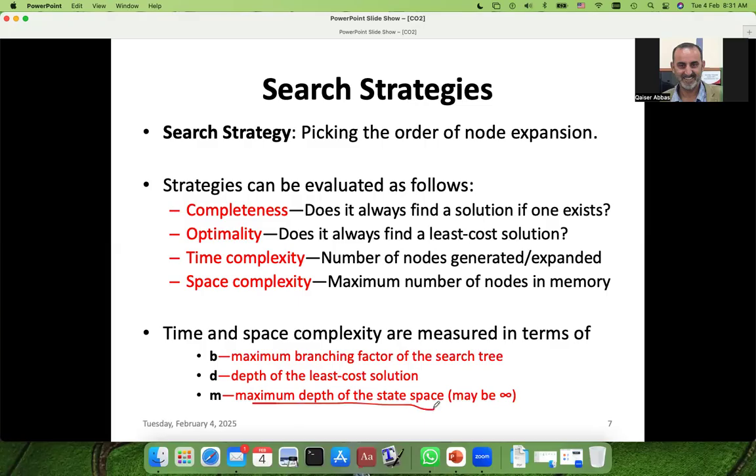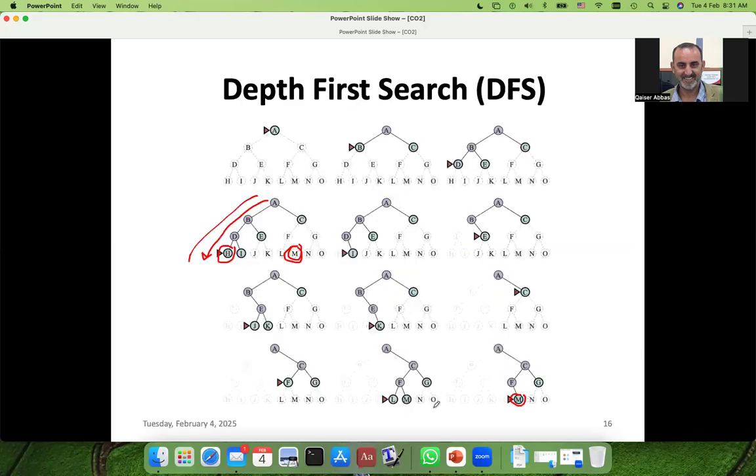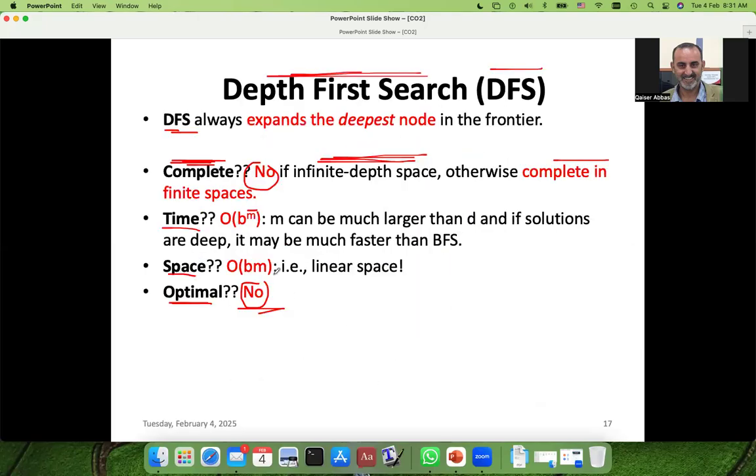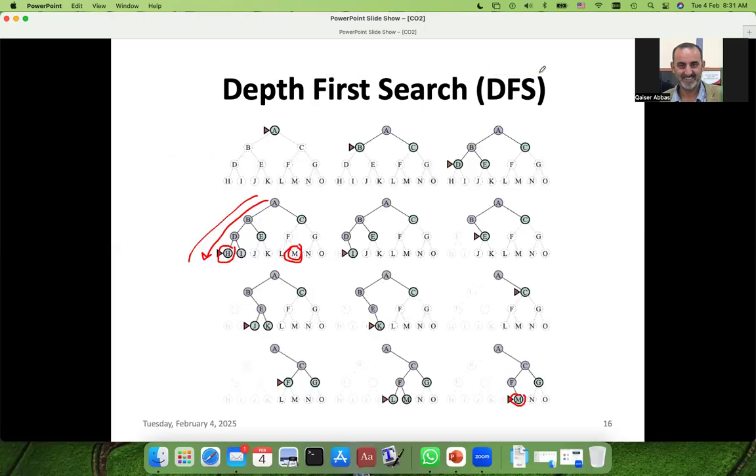In BFS we were writing d, the depth of the least cost solution. But in DFS, if your solution is here, but the tree has its maximum depth here, it will go first into the maximum depth, and then it will come to this solution.